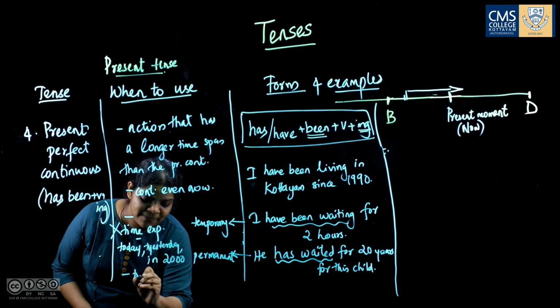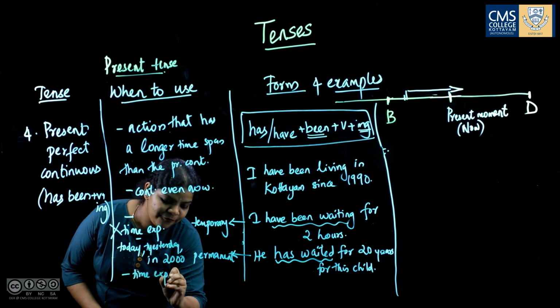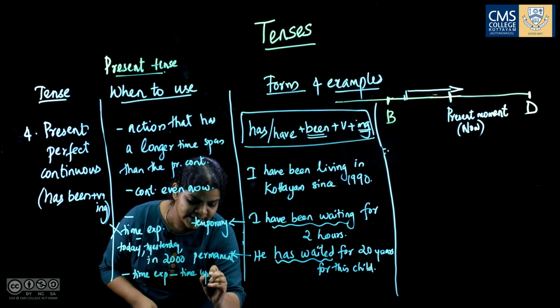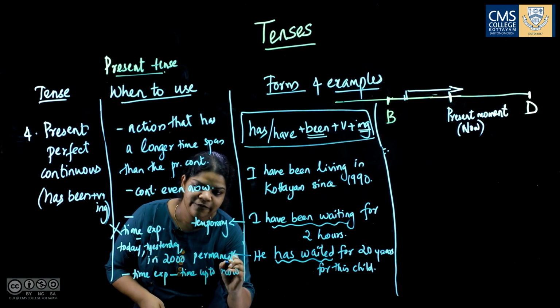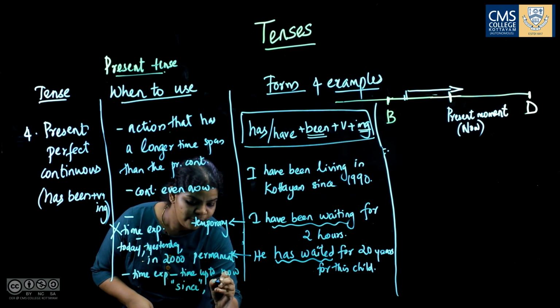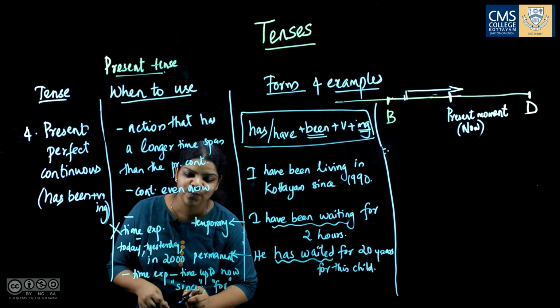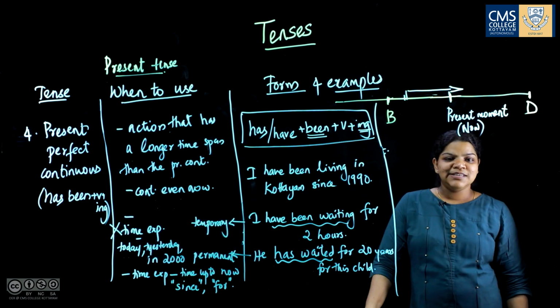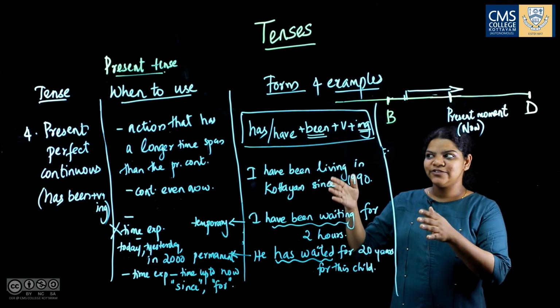Instead, we use time expressions that refer to the time up till now, the time up to now. For example, the words like since or for, we use these words in order to refer to the present perfect continuous tense.